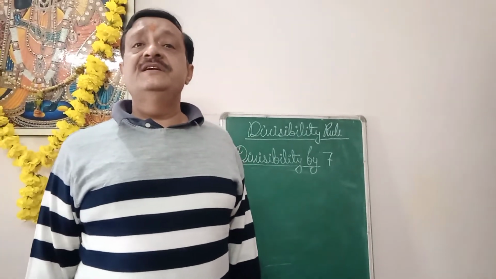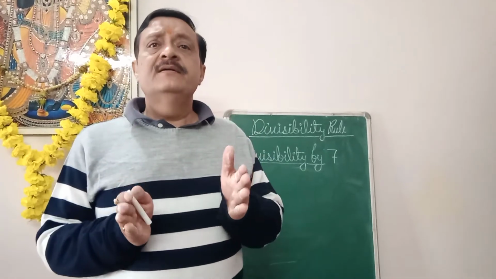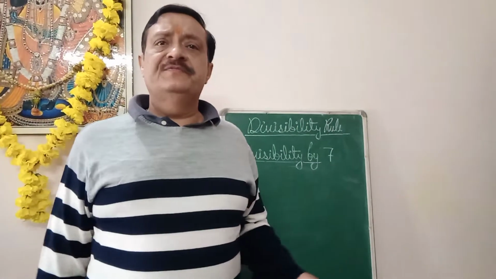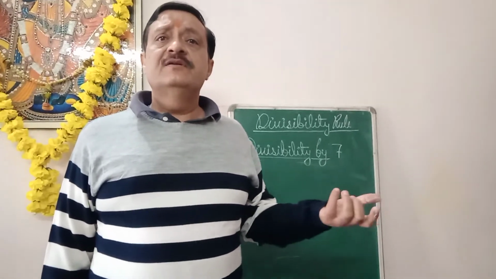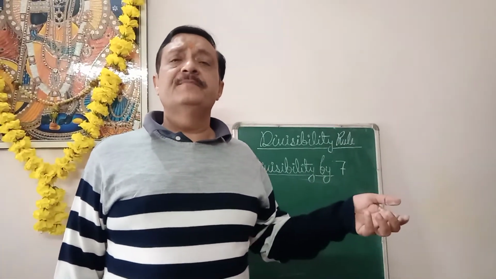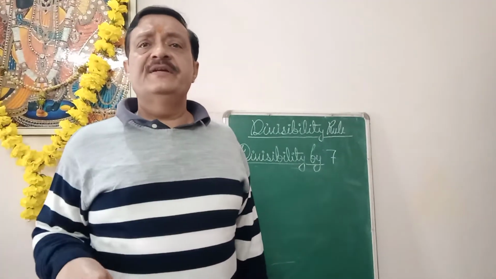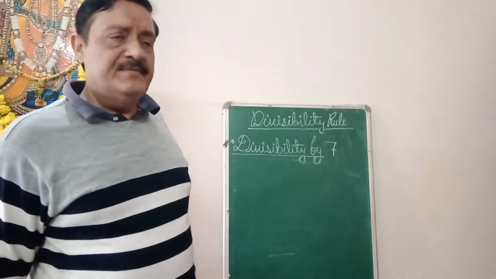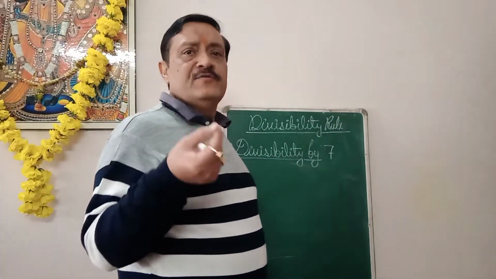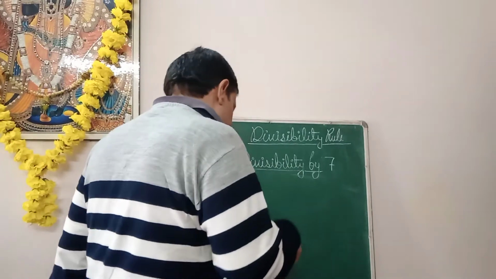For knowing divisibility by 7, we would be making twice of the unit place of the number to be divided, and then we will be subtracting that twice of the unit place number from the rest of the number, and if the number so obtained is divisible by 7, then we will say that the number is divisible by 7. Maybe in language it may be difficult to understand, so we understand this with an example.